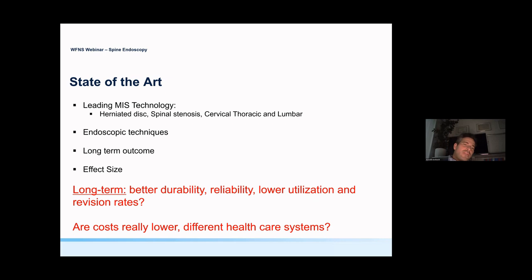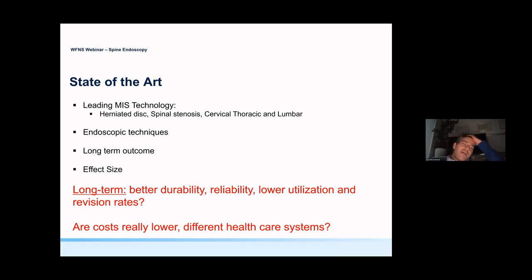Also, and I hope we can discuss this later on, we have to look in the long term: do the results have a better durability, reliability, and can we get lower revision rates for surgery using those new techniques, first of all?